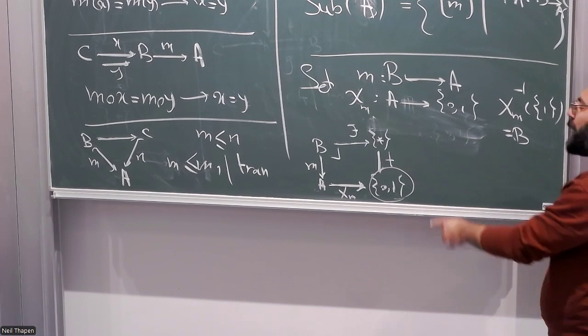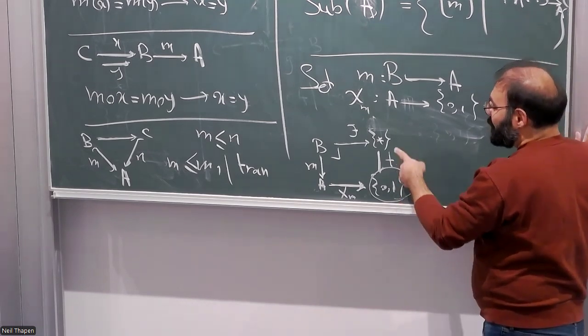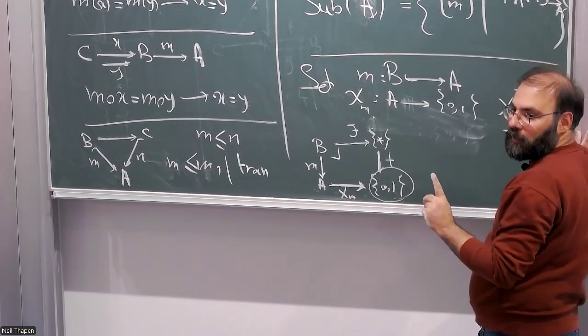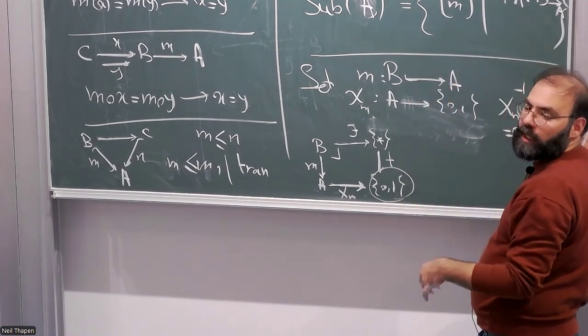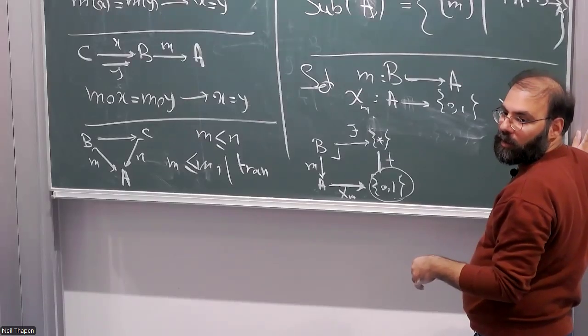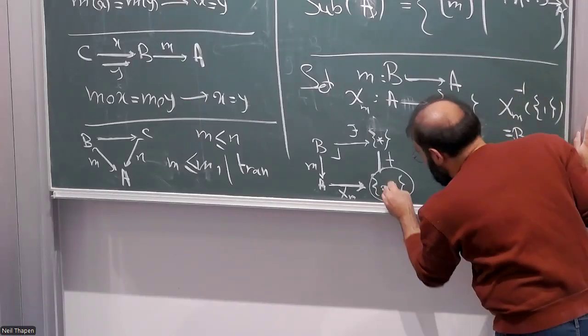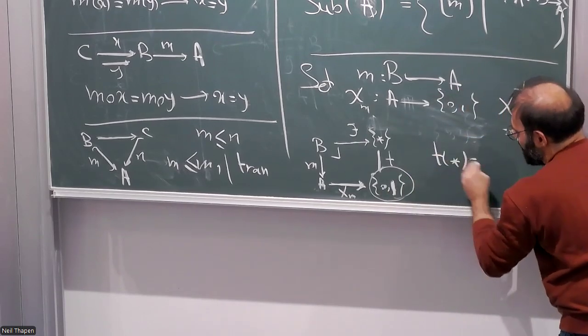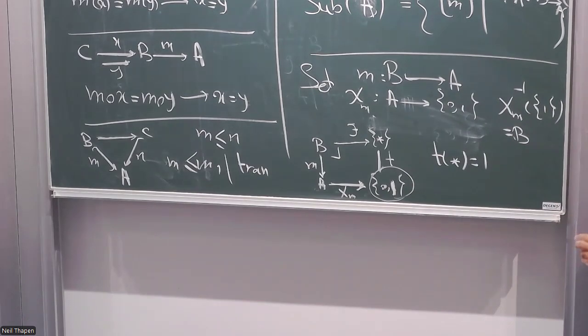T is just one map that always picks 1. Of course there are other maps, and we don't care. No, T of star is 1. Yes.